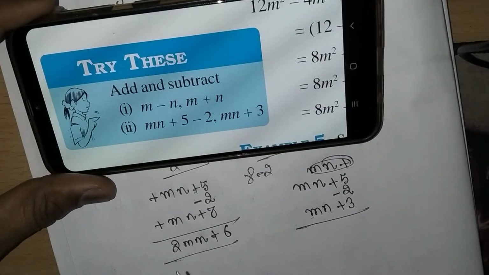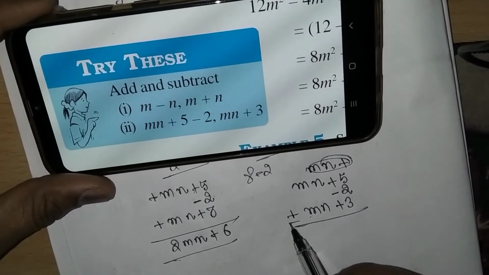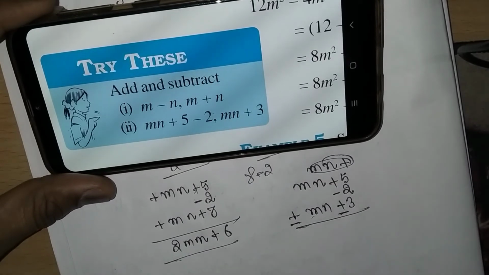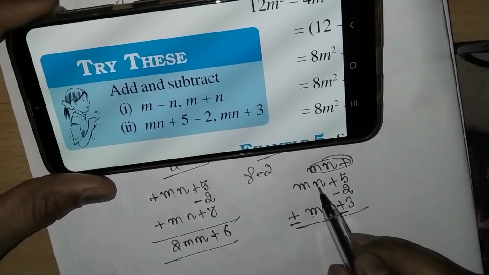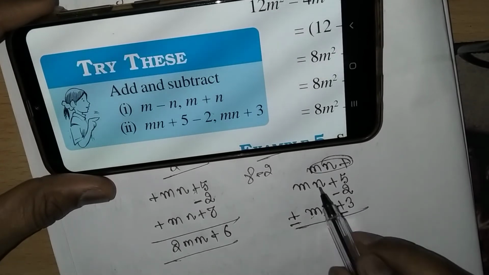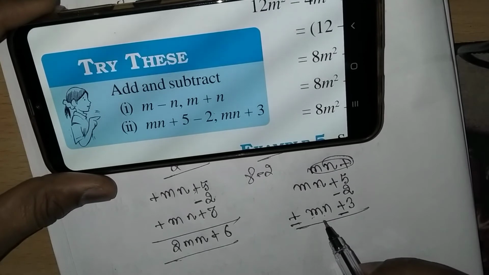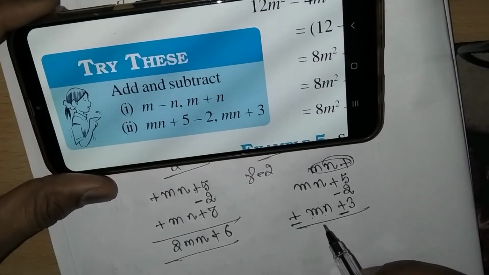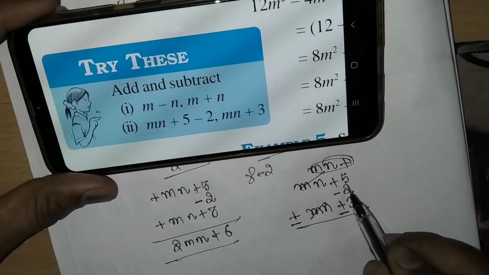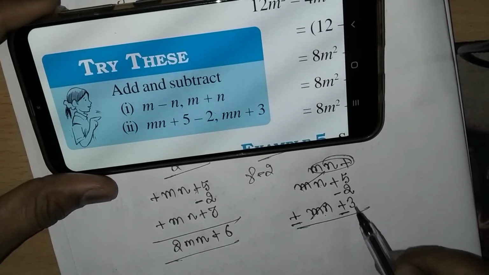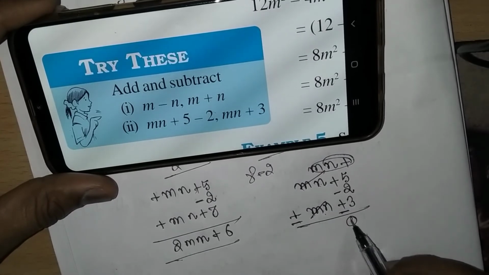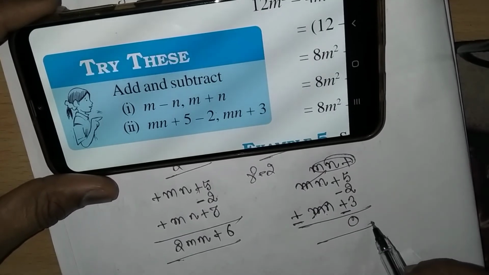Have you understood? Plus will become minus, this plus will become minus. mn minus mn, these are same quantity but signs are different, so they will be cut. 5 and minus 2, minus 3, minus 5, 5 minus 5, 0. It means that we will get 0 here.